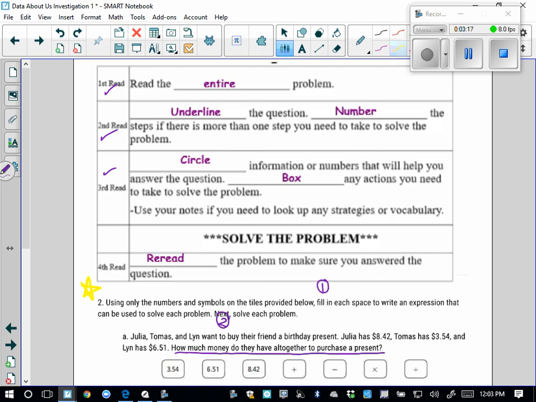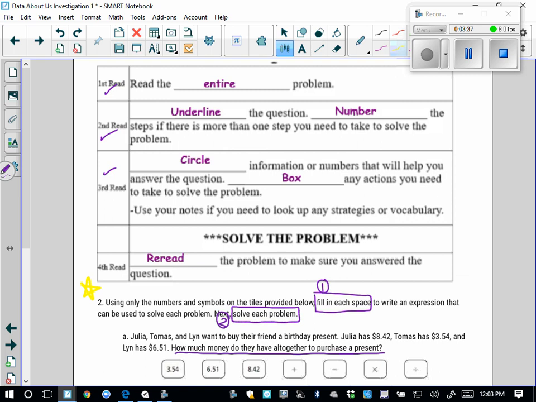So using only the numbers and symbols on the tiles provided below, I have to, that's an action, fill in each space to write an expression. And then I have to solve each problem.